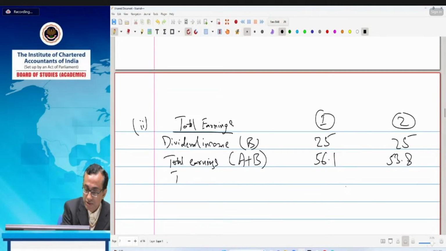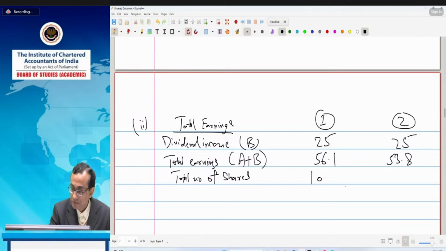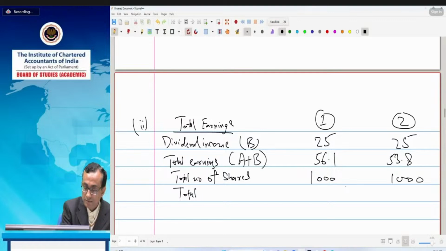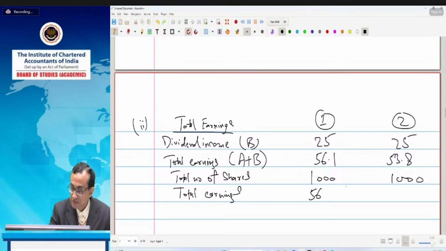Total number of shares is 1000 in both cases. So total earnings will be 56,100 in this case and 53,800.